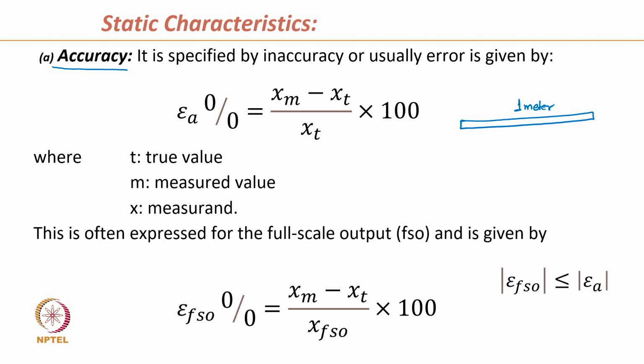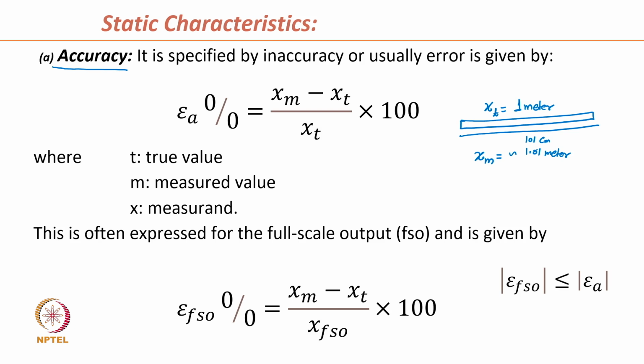This is the actual value or the true value of this object, which is 1 meter, but when we measure it using a tape, we measure it to be 101 centimeter or 1.01 meter. The actual value of the object is xt, which is 1 meter only, but xm, the measured value, is 1.01.